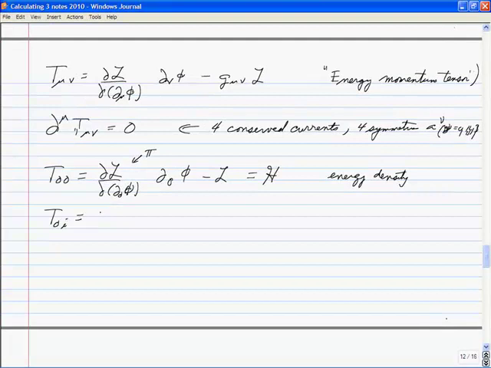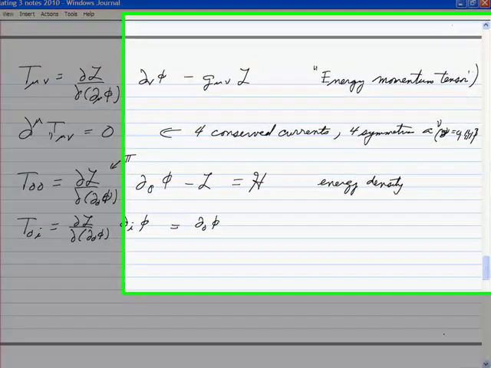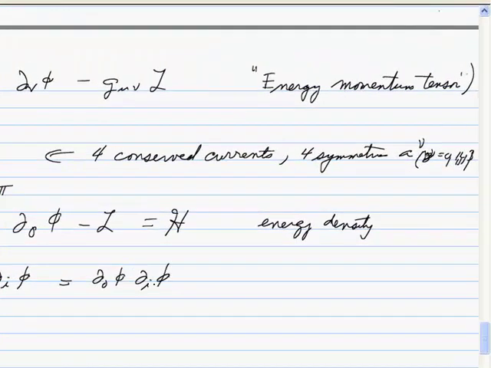T0i is the derivative of the Lagrangian with respect to d0 phi, then d_i phi is multiplied by. It's easy to do that. That just turns into d0 phi d_i phi. Okay.